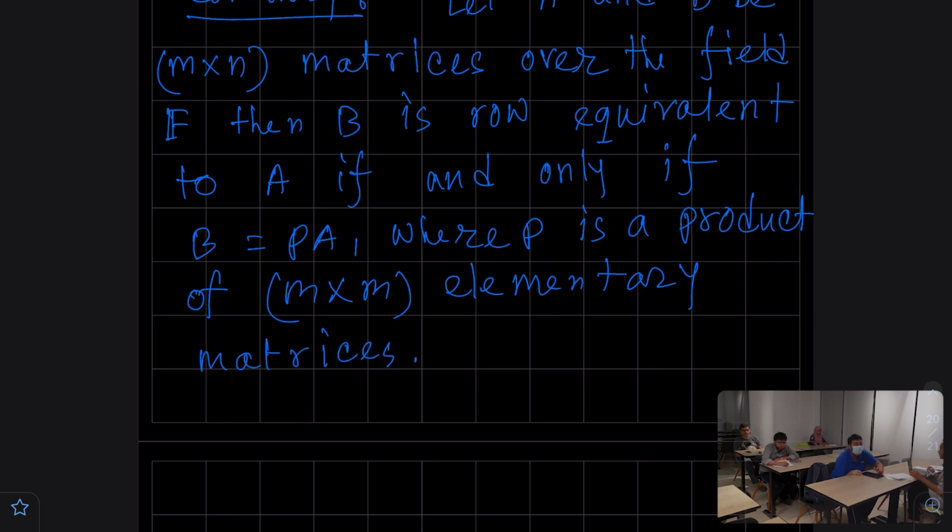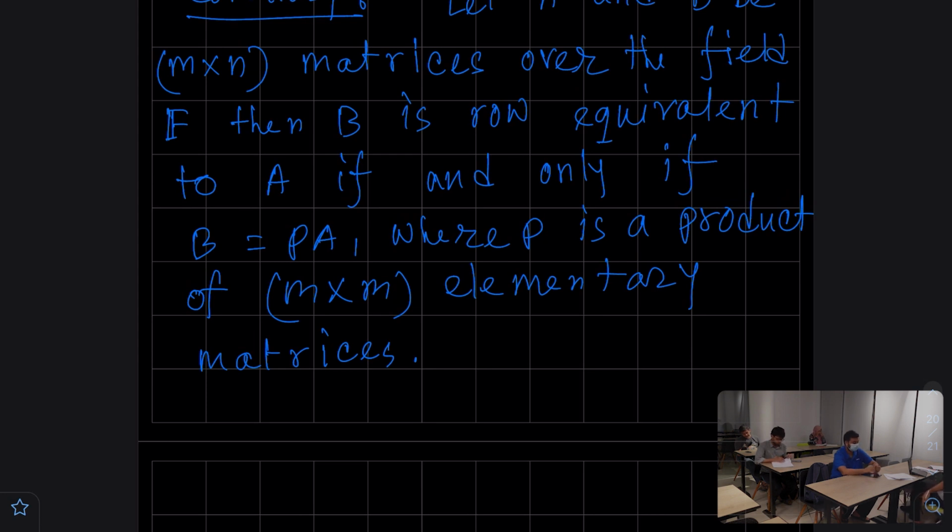So I'm not going to prove this theorem. I'm going to motivate what is the proof behind this. When we say a matrix A is equivalent to another matrix B, what did we consider when we defined the equivalence of two matrices? We considered that the matrix B can be obtained from the matrix A by a finite sequence of elementary row operations, right?